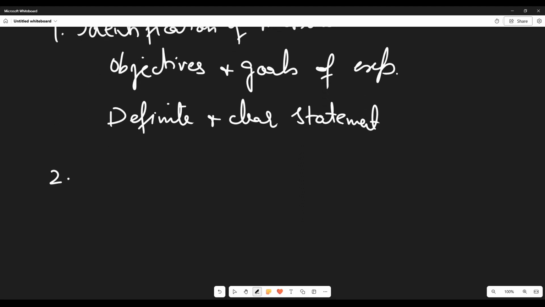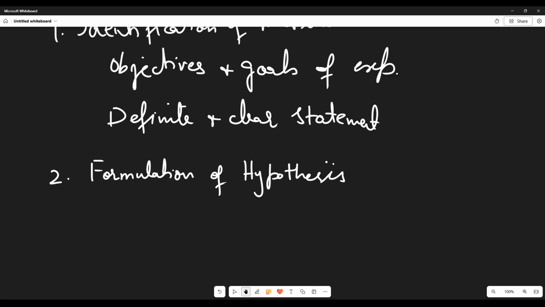The second step in experimental method of research is formulation of hypothesis. Hypothesis is an assumptive or tentative solution of the problem under study.